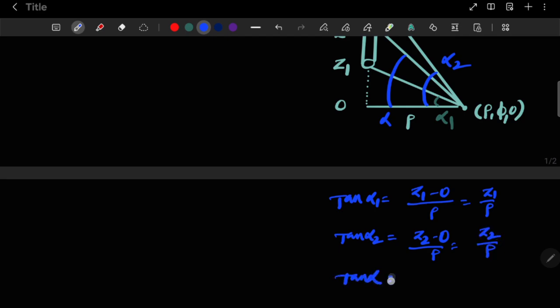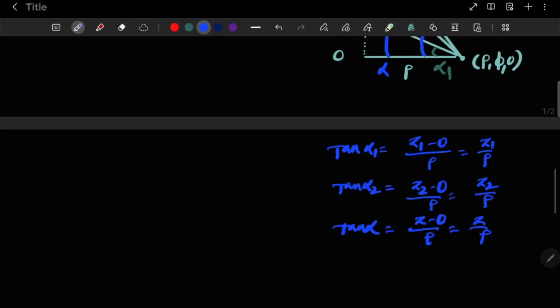Similarly, tan alpha is equal to z minus 0 by rho, that is z by rho. But what is our observation? As I said earlier, z1 is fixed, z2 is fixed, rho is fixed. So alpha 1 and alpha 2 will be fixed. Okay, alpha 1 and alpha 2 are constants. As z is variable, alpha is also variable.